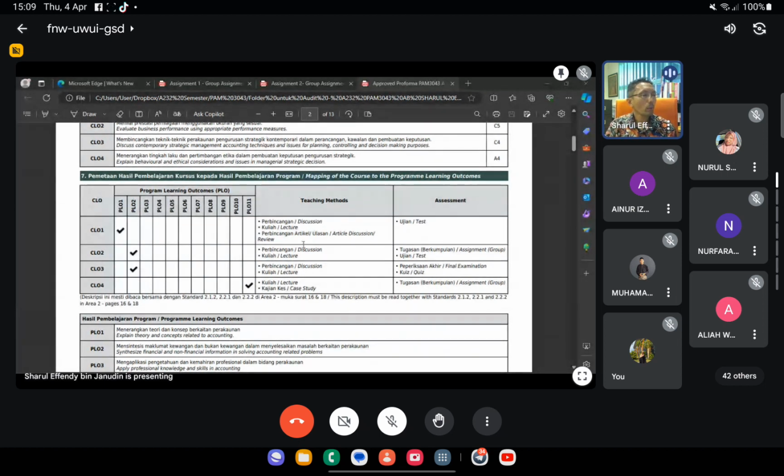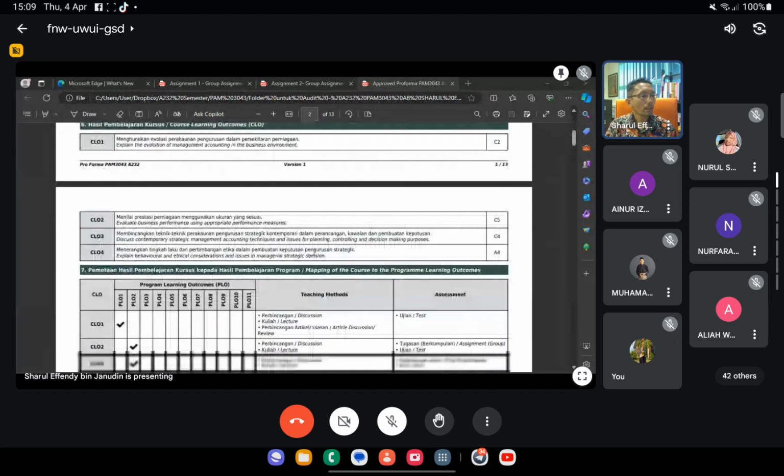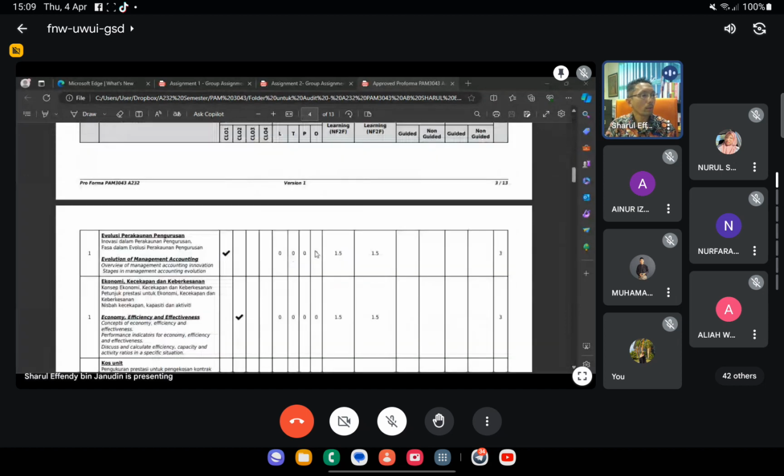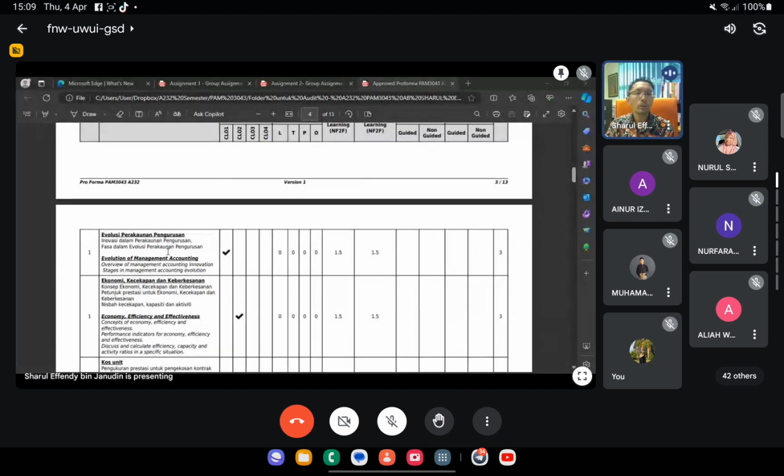So if we look at the CLO1 here, this is CLO1. Basically, CLO1 covers topic 1. So this is the way you arrange your study, so that before entering the final examination hall, you may have a high carry mark.